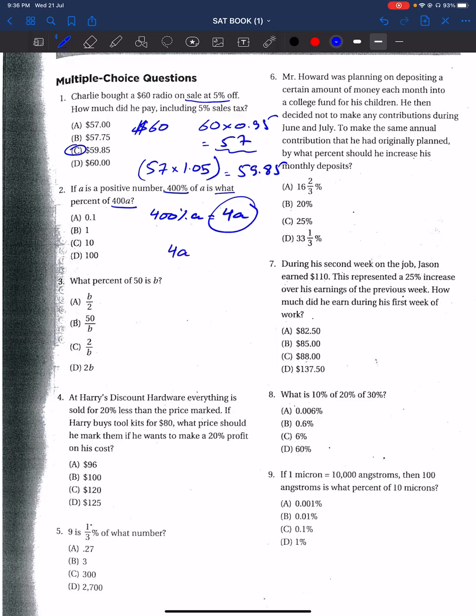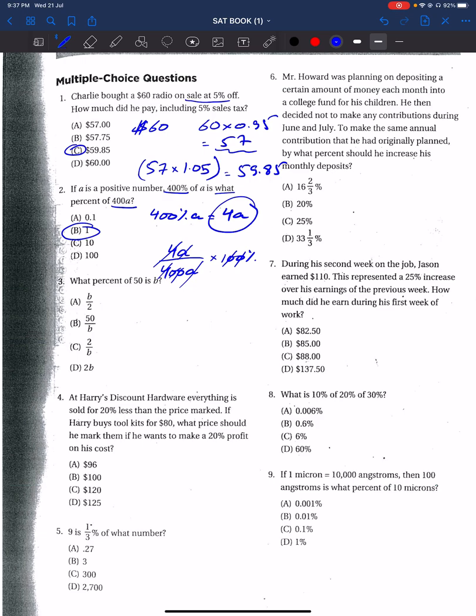So you write 4A divided by 400A multiplied by 100%. And what you'll get is 4 would be cancelled out with 4, A with A, 100 with 100, you'll be left with 1%, which is your answer, which is choice B.